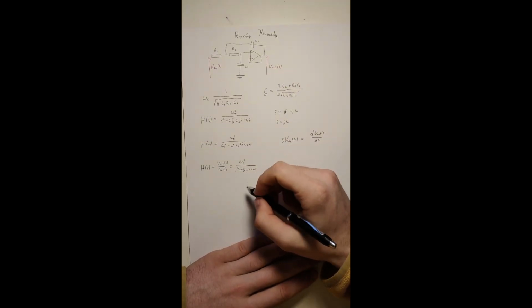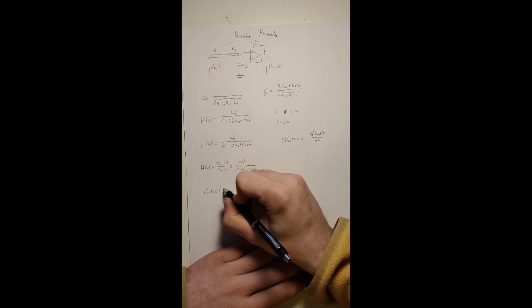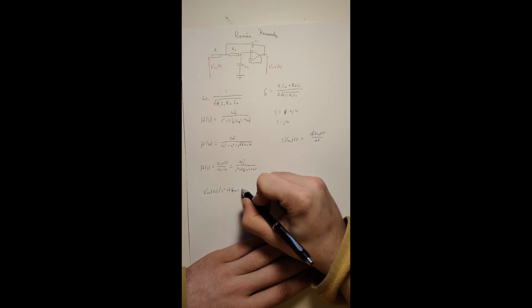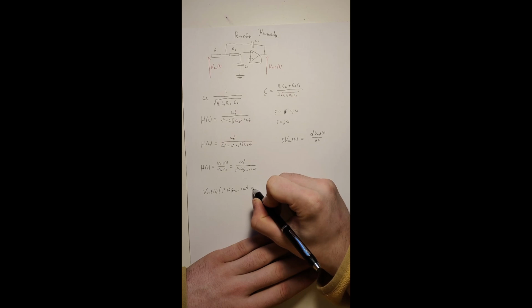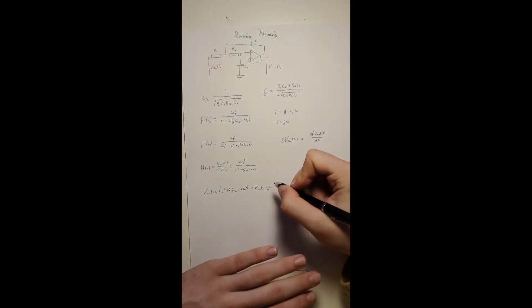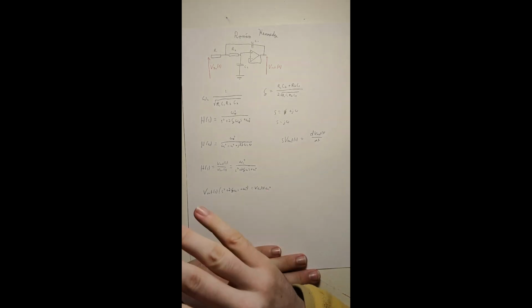We're going to cross multiply, so then V out of s by s squared plus 2 zeta omega C s plus omega C squared equals V in of s by omega C squared. Now, in the end, we'll want V out to just be V out.